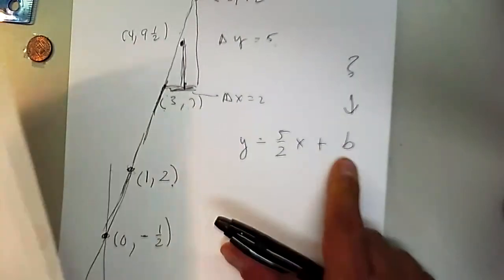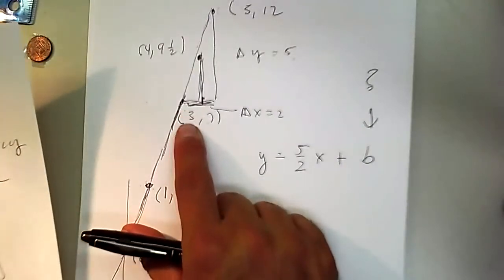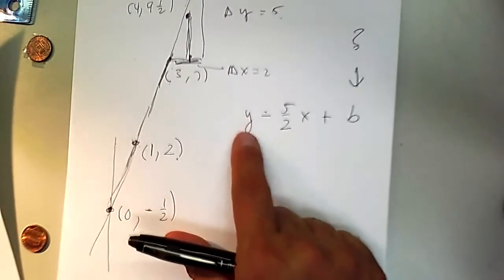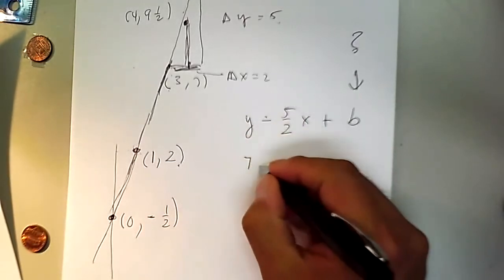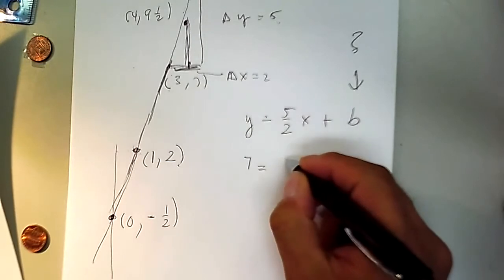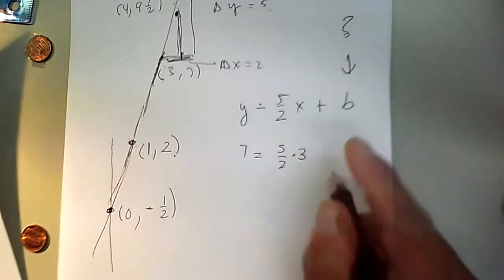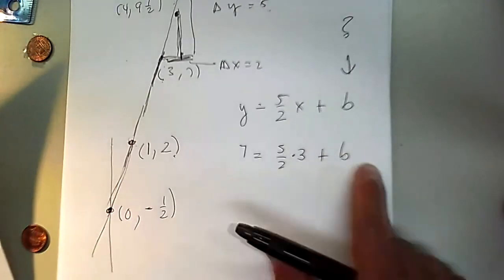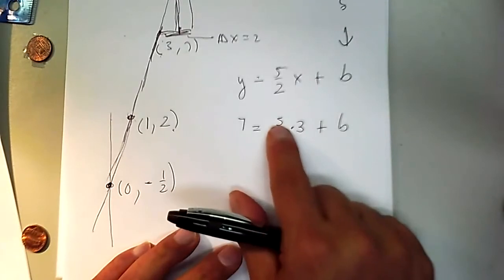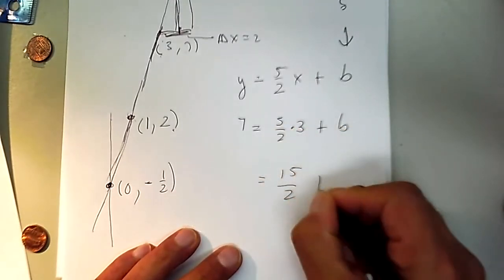But if we didn't know that, well, the line has to go through this point, (3, 7). So what we can do is pretend this is 7, which is the output, and this is 3, corresponding to the input of 3: 7 = 5/2 times 3 plus b, and then solve the equation for b. So we're going to multiply 5 times 3, so that's going to give us 15/2 plus b.